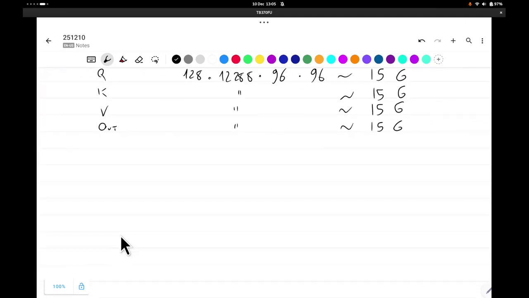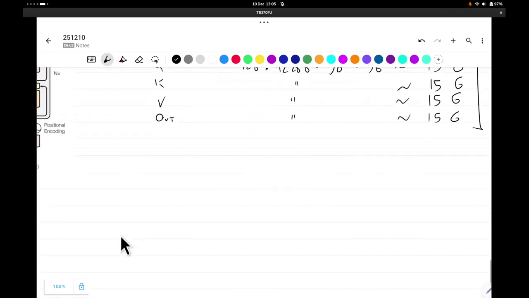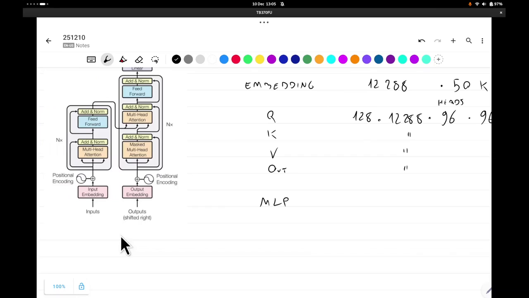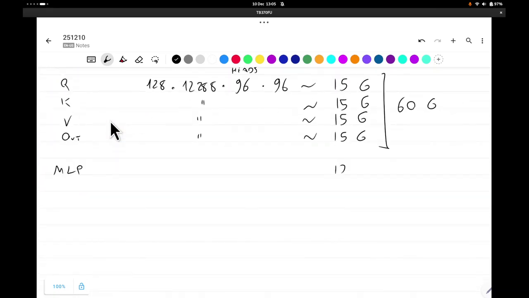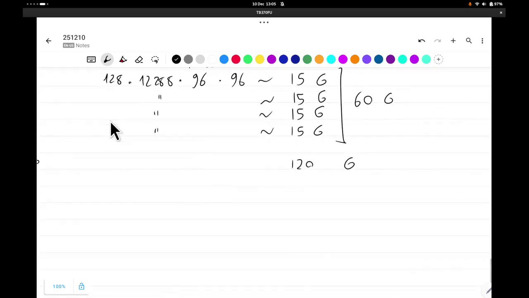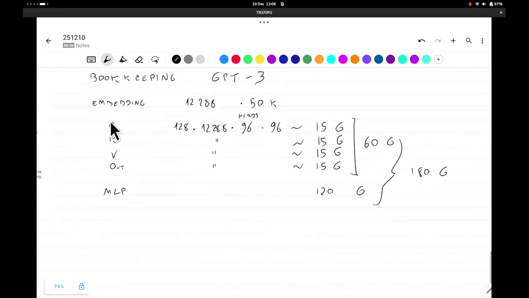So all this together is 60 billion parameters, and then there are the multi-layer perceptrons, this part here, that overall give another 120. So for a total of 180 billion parameters that are distributed into these different parts.